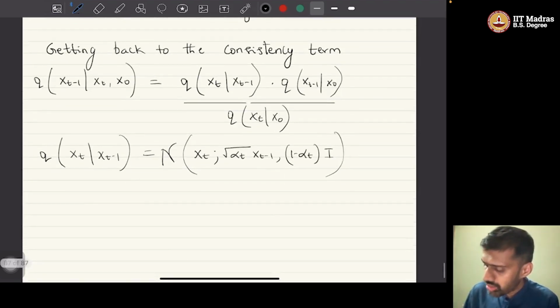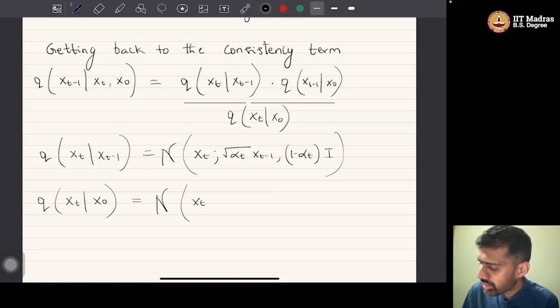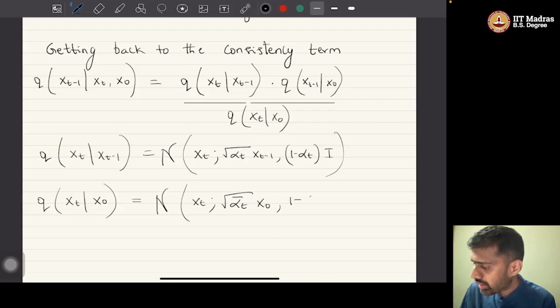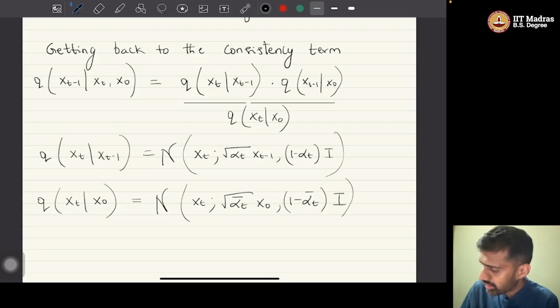We just found out q of xt given x naught as well. What was this? This was given by the Gaussian distribution xt, and what was the mean? The mean was root of alpha t bar times x naught. The variance was 1 minus alpha t bar times the identity, right?